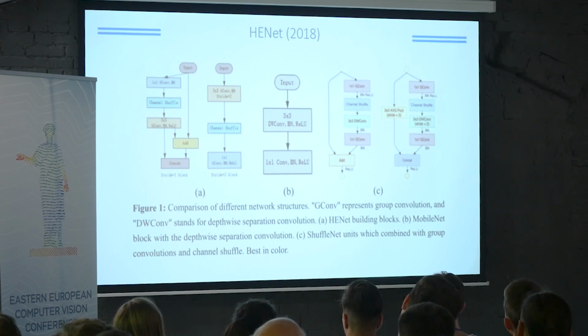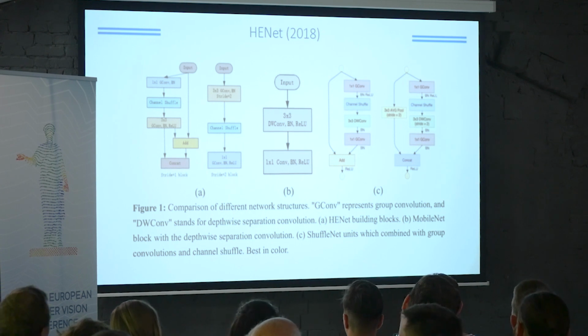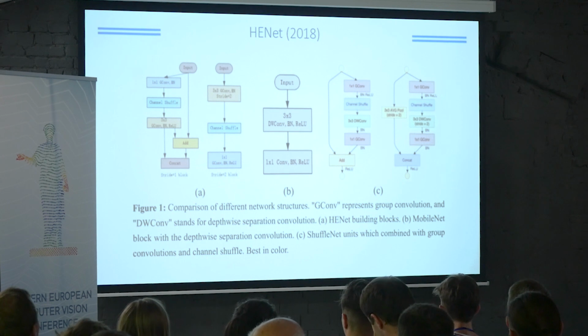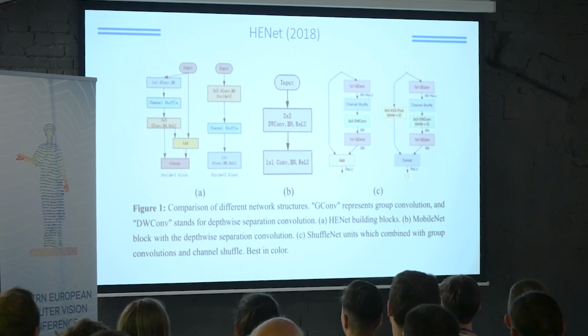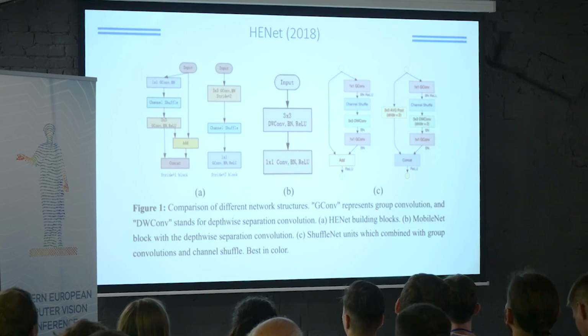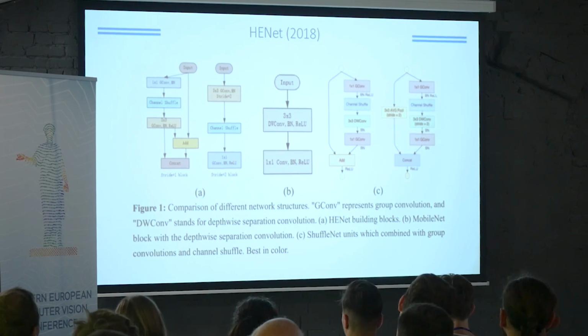They try to use the good from both worlds, as ResNet is known for addition skip connection, and DenseNet is known for concatenation. So they used both ideas and combined them in the architecture.